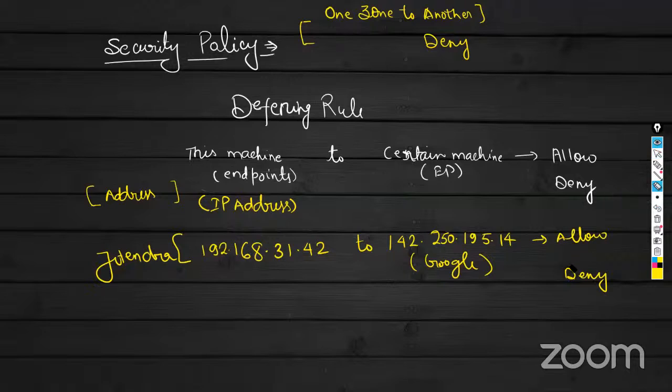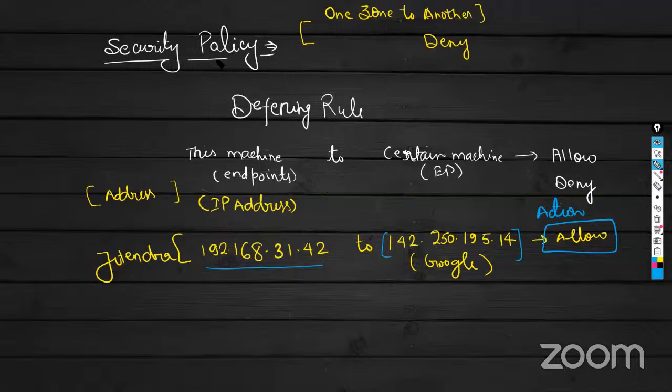So I will remove that deny part now. If you configure this rule, from this IP address 192.168.31.42 to that Google IP, and the action is allow, then that is the policy in the firewall.